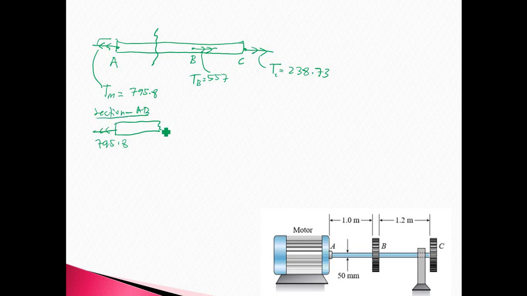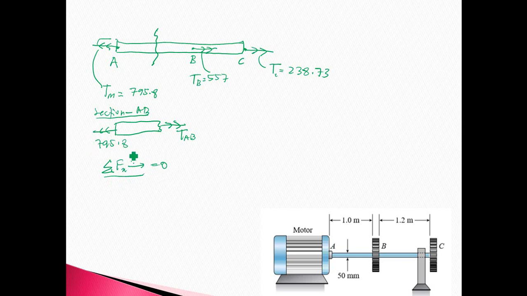Alright, and then we have the internal torque for section AB, which is equal to TAB. So for now we write TAB. Okay, and then we can apply the summation of force in x direction, where if the force is directed to the right, we assume it as positive.